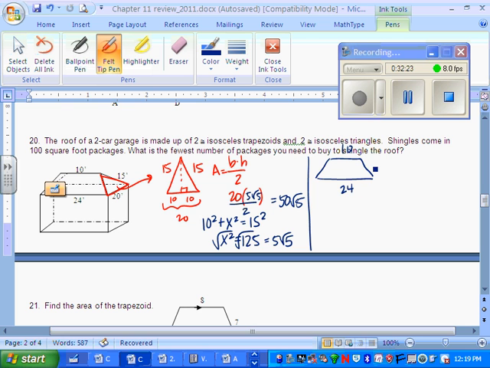24, and I know this is 15. Again, they are isosceles, so I can break it up to make this to also be 10, 24 minus 10, divided by 2, 14 divided by 2, 7 and 7. So each side is going to be 7. I have to get the height again by doing Pythagorean theorem. 7 squared plus x squared equals 15 squared. 49 plus x squared equals 225.